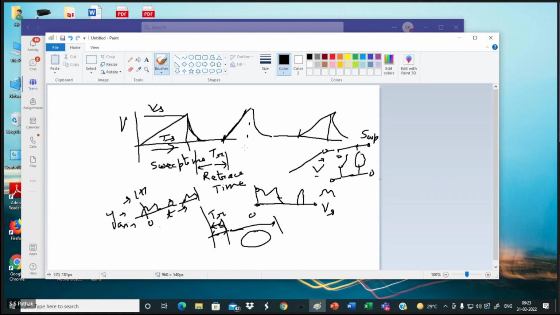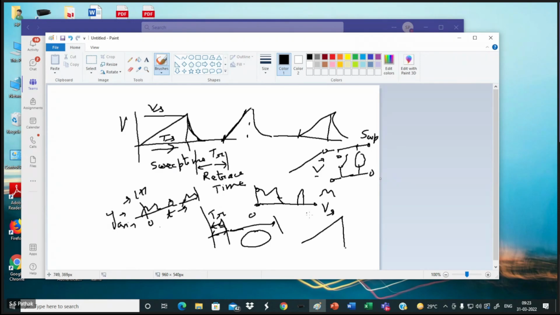Now I want this retrace time to be 0. So at that time t equal to Ts, the switch is closed, so it becomes a short circuit. So what I am getting here at Ts becomes 0, and the next cycle starts from here itself. There is no retrace time. So even if the signal is coming continuously, during this period I am not losing any display.